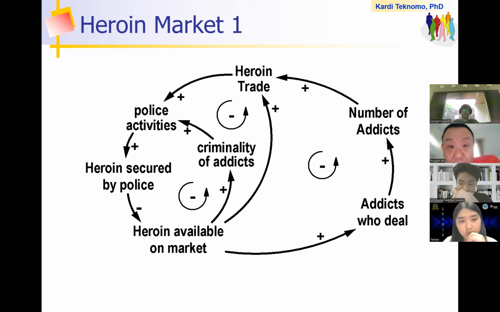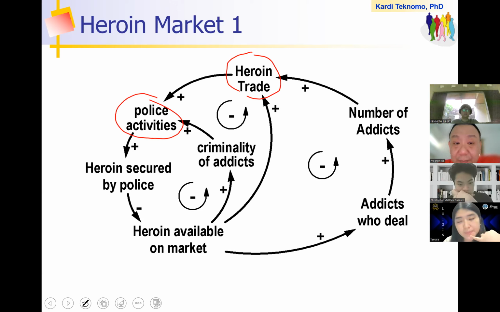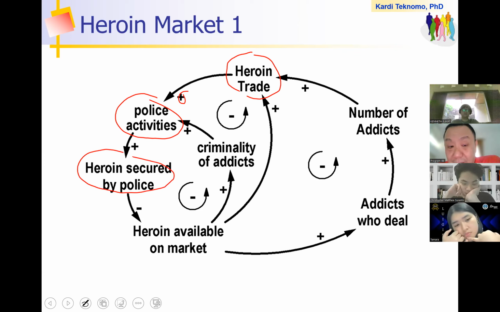So this is the heroin trade, right? The more heroin trade, of course, the more police activity. So positive here, right? The more police activity, the more heroin secured by the police. And then the more heroin secured by the police, what will happen? The less heroin available on the market. The less means negative here.